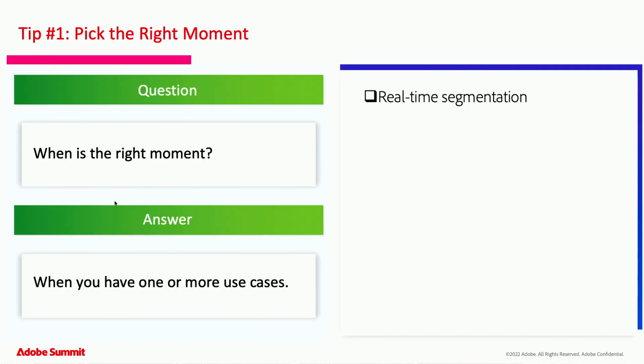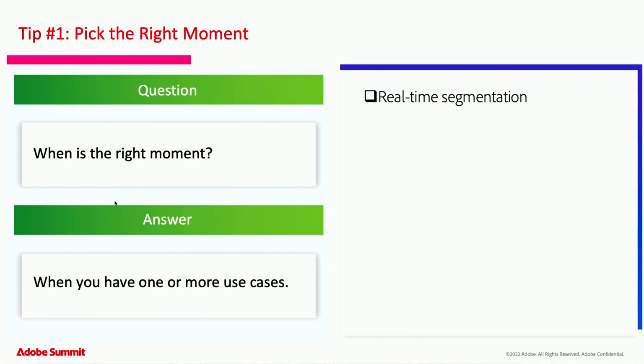We have a list of use cases I'm going to show here, and real-time segmentation is one of them. One of the things the edge allows is that when you send data to platform, you can sync up that data with your customer or CRM data and create segments that then can move back to the edge and be used to create audiences for behavior and personalization activities on your pages.